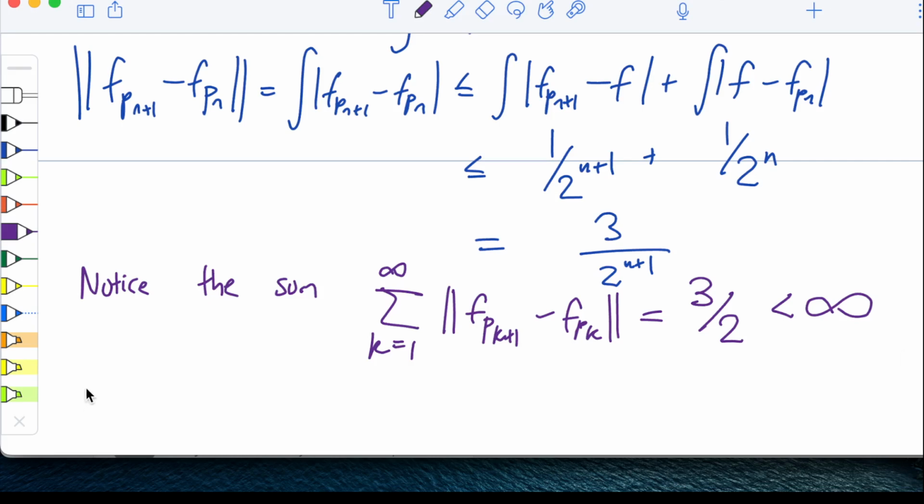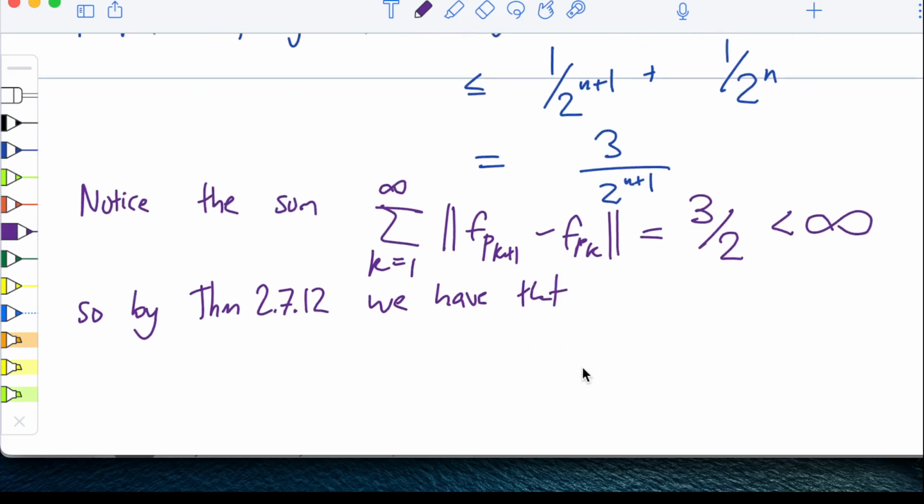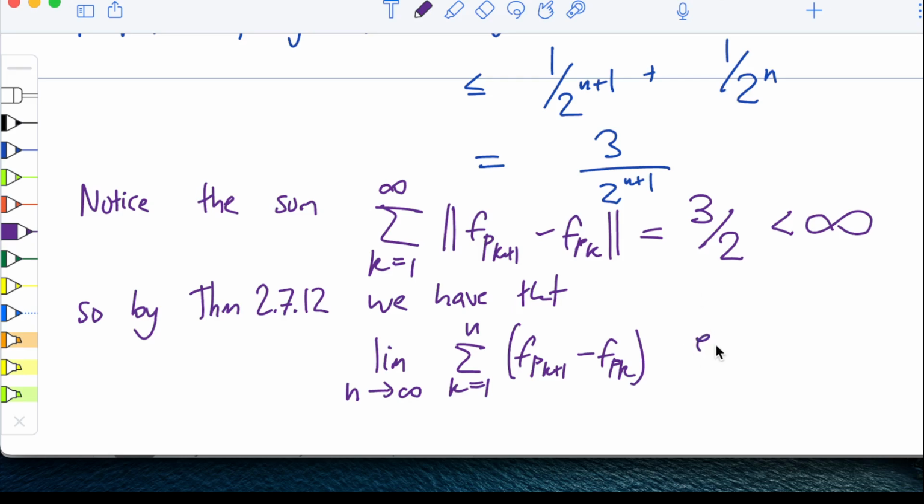And so, by theorem 2.7.12, that theorem we just proved at the end, we have that the limit as n goes to infinity of the sum from k equals 1 to n of fpk plus 1 minus fpk, this limit, let's say, exists almost everywhere and in norm.